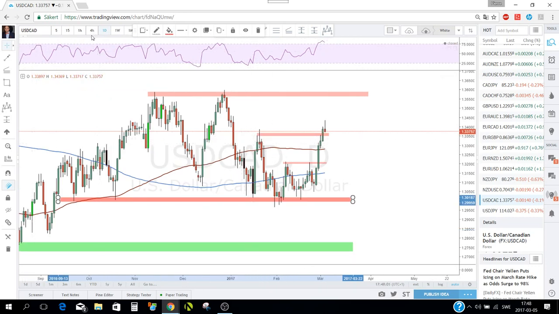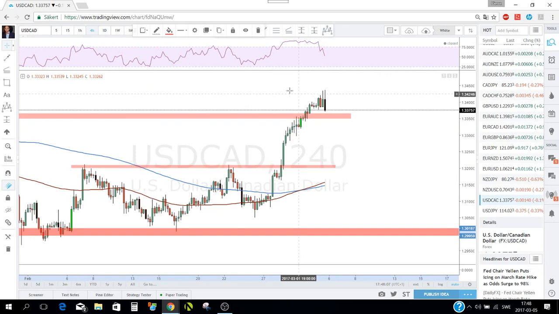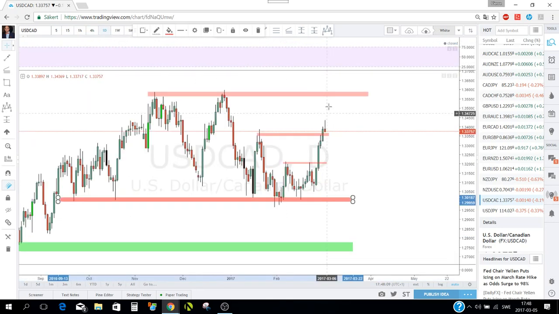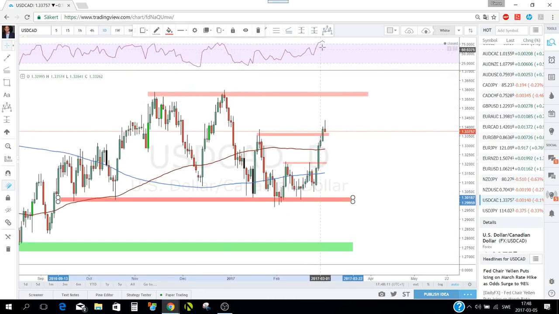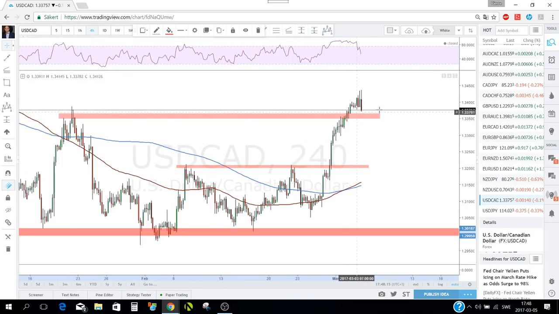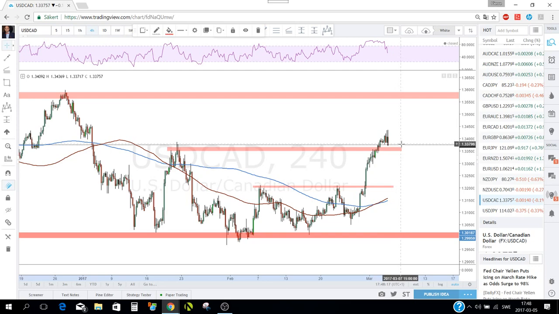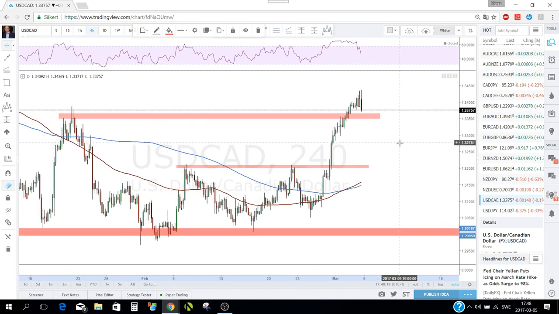So the textbook says that the trend is clear to the upside. But this very strong move is overbought now, and we maybe want to see at least a correction to the downside, and that's why I understand all of you that want to short this pair.